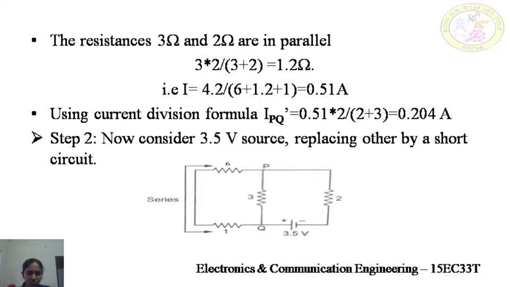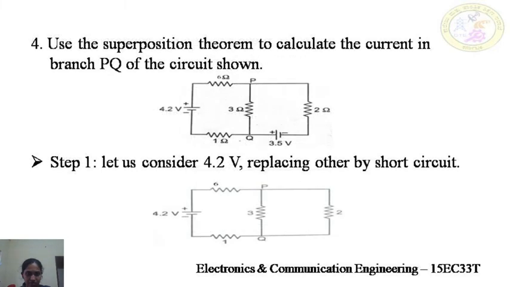Using the current division formula, the branch current IPQ dash can be calculated. IPQ dash is equal to main current I into the other branch resistor value, that is 2, divided by the sum of the branch resistances, that is 3 plus 2.